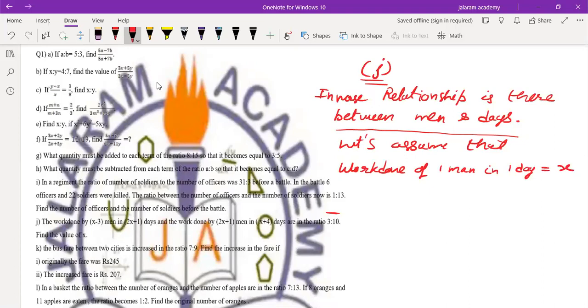Is that clear? This time it is a direct relationship as we are finding the work done. If the number of men increases, work done also increases. Now, how many men are there? x minus 3 men.